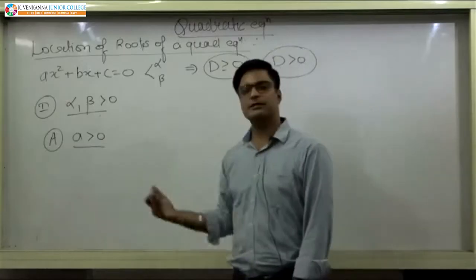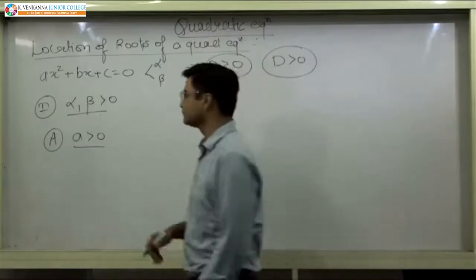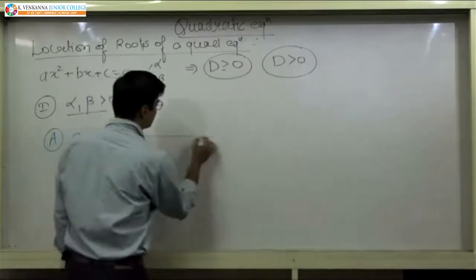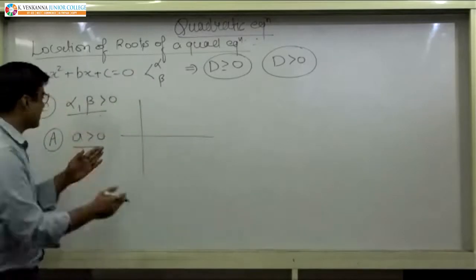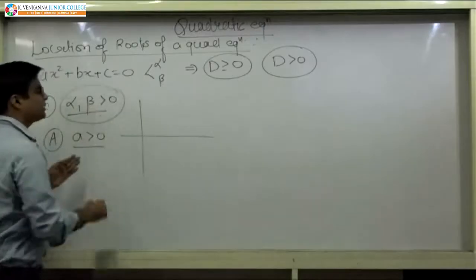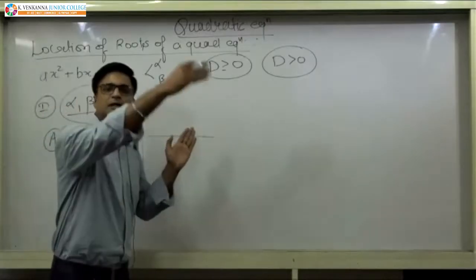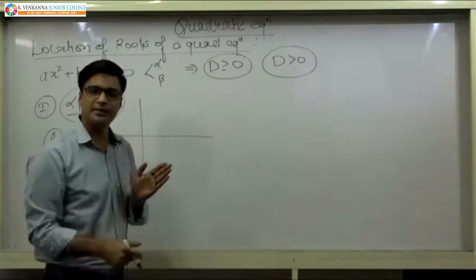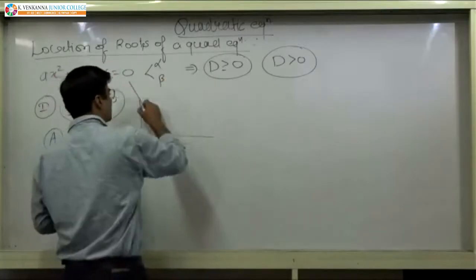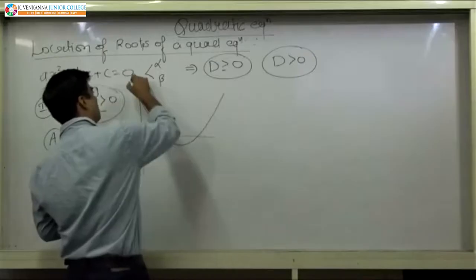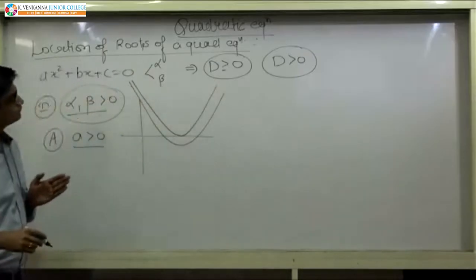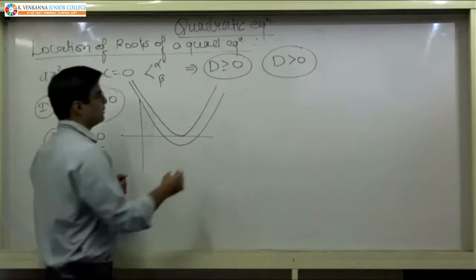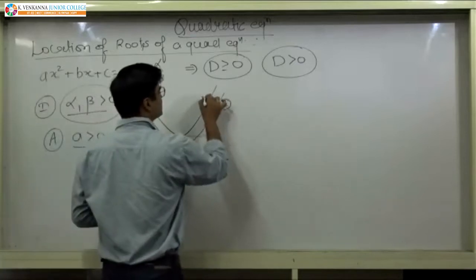If A is lesser than 0, then it opens downwards. So if A is positive, your parabola opens upwards and the roots are positive. That means your curve must intersect the x-axis on the right hand side. The curve will look like something like this, or maybe something like this. Let's say this is your first one, this is your second one.